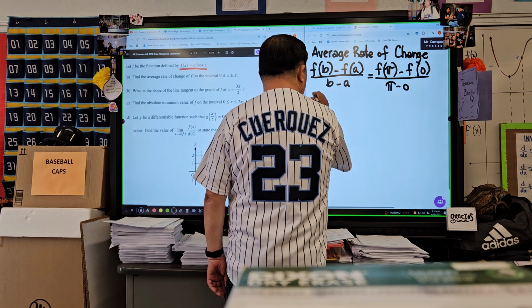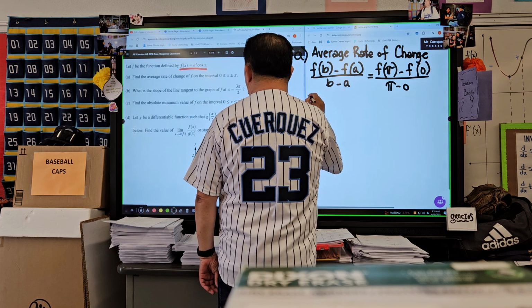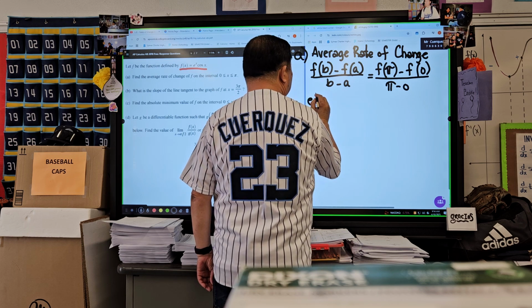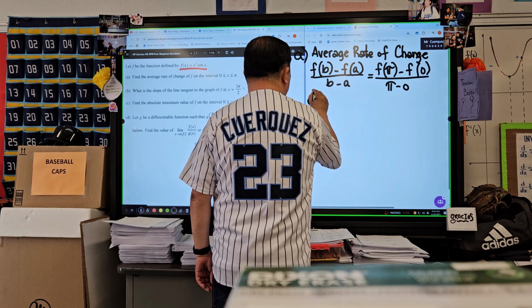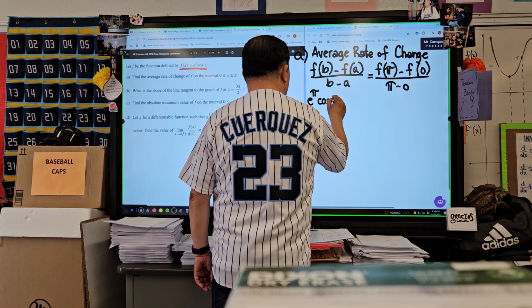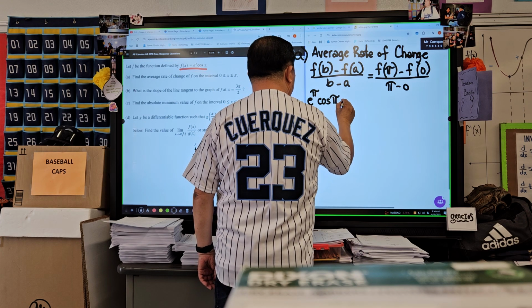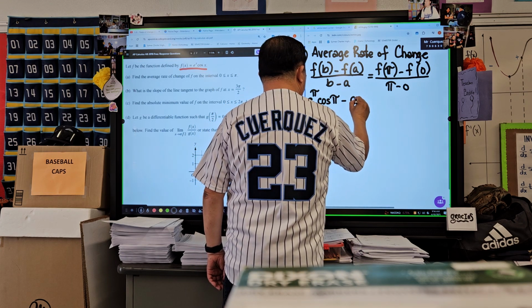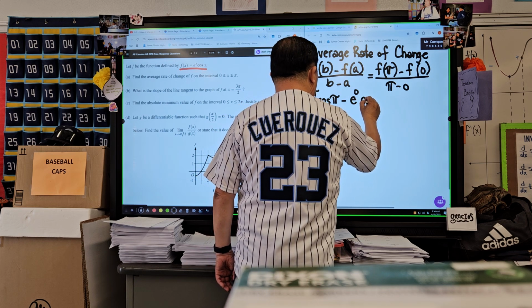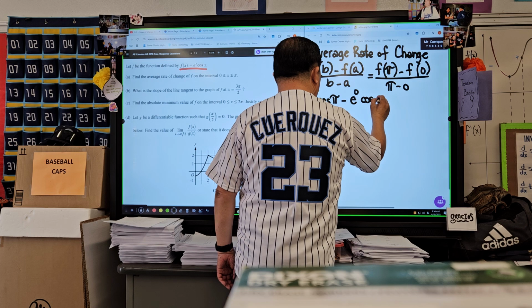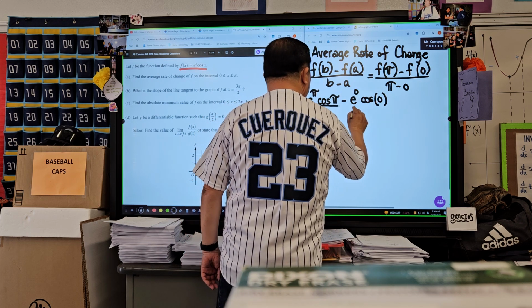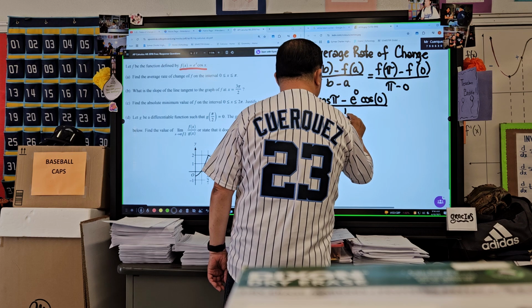So we say f of pi, we have e to the power of pi, then cosine pi, minus e to the power of 0, and then cosine 0, over pi, right?